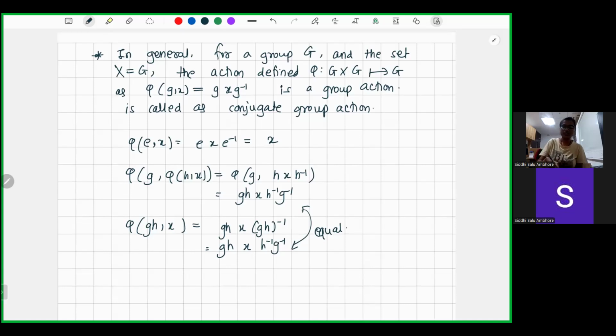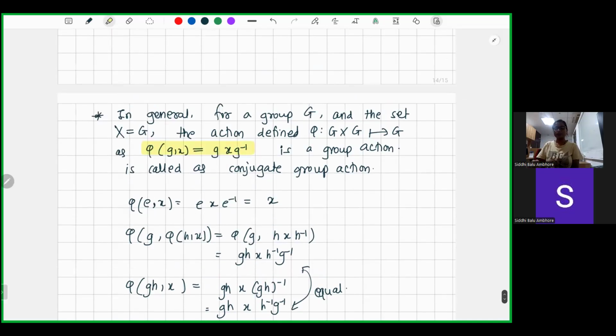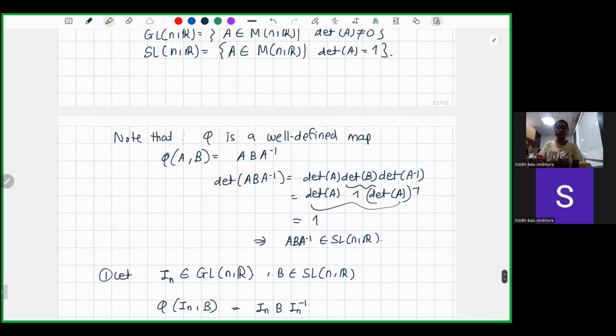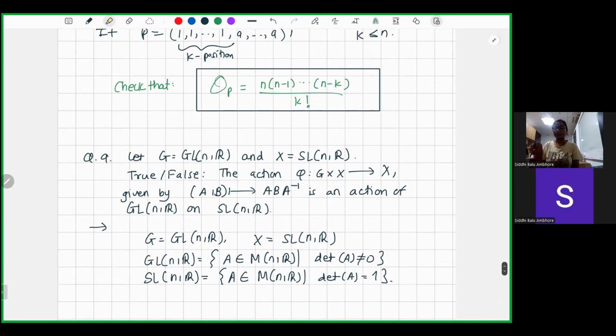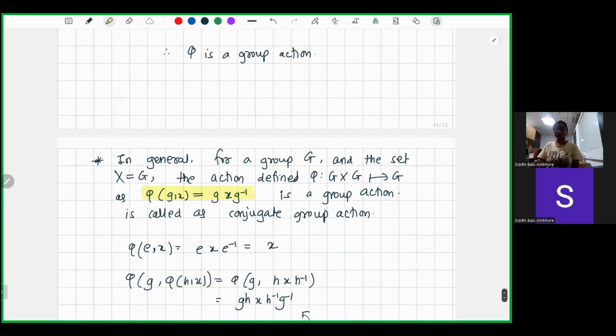This group action is heavily used, and you can understand this properly. This was just one special example where we proved that it is a group action.